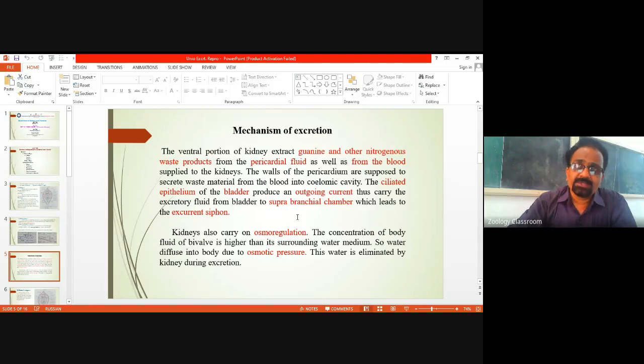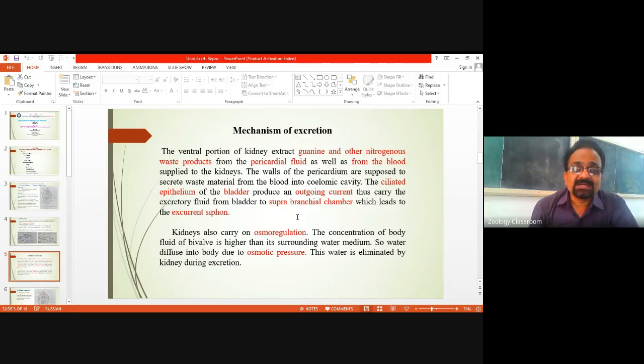Because of this difference in osmotic pressure, during osmosis, fluid flows from lower concentration towards higher concentration.